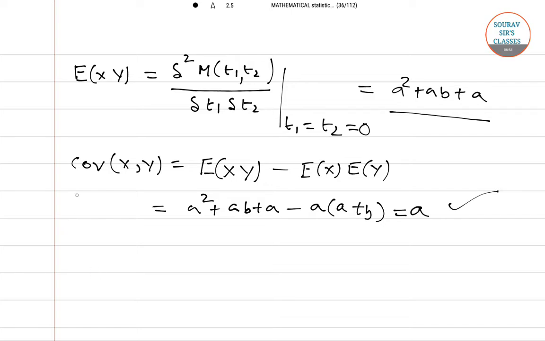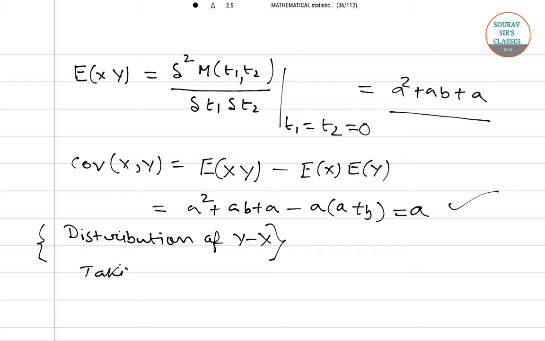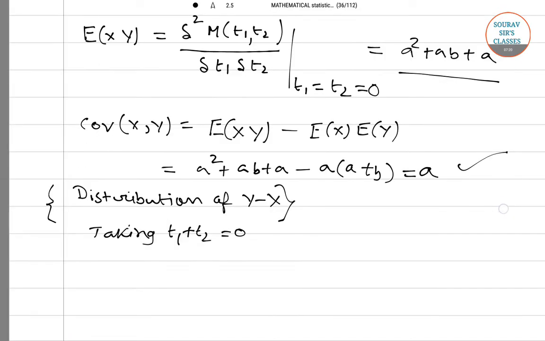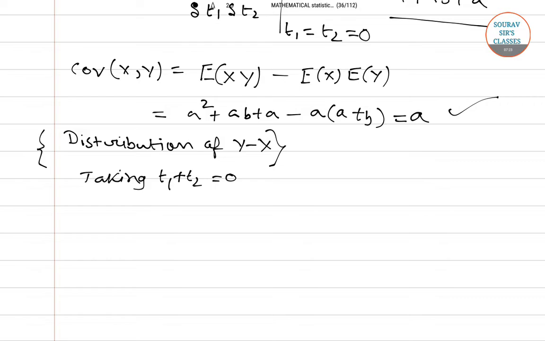Now we have to find the distribution of y minus x. So what will be the distribution of y minus x? We find it by taking t1 plus t2 equals to 0. So when we take t1 plus t2 equals to 0, we can write t1 to be equal to minus t2 in star.